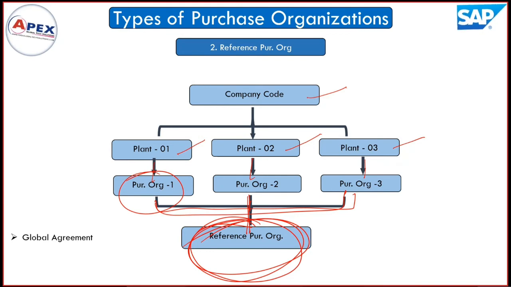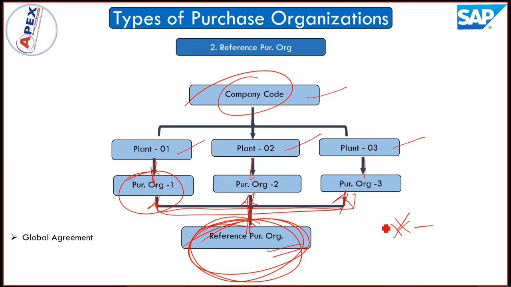Why? Suppose we have an X company, and they want to make an agreement with the company. Instead of approaching all the purchasing organization departments of X company, if the company has maintained a reference purchase organization, they will contact it and make an agreement.